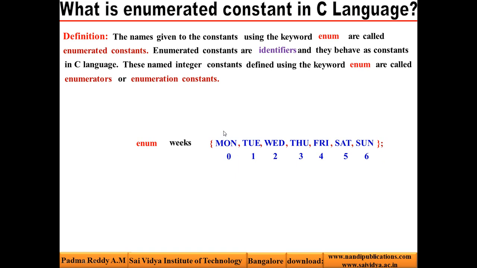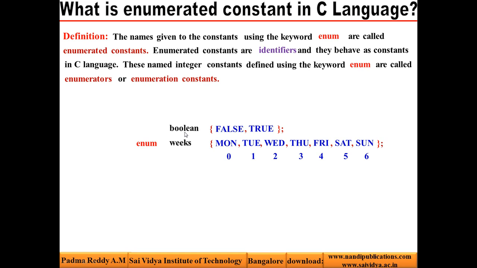Now let us take another example. Suppose I write false and true. If these two are the identifiers and we treat them as enumeration constants, they must be enclosed within braces like this, and end with a semicolon. Let me call this boolean.